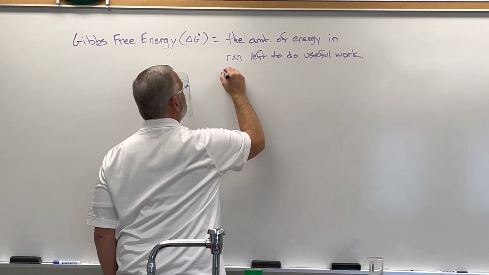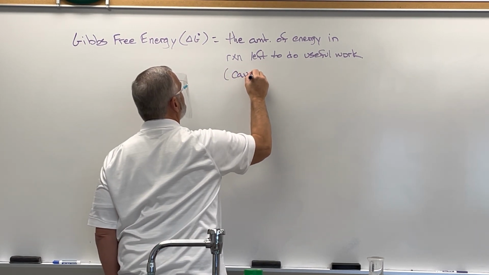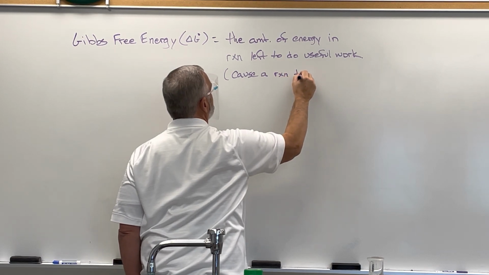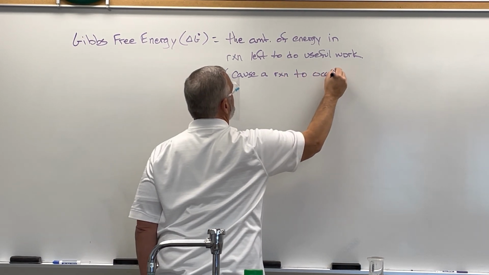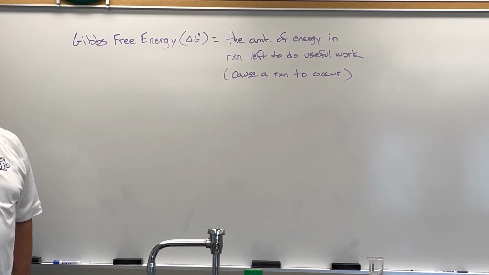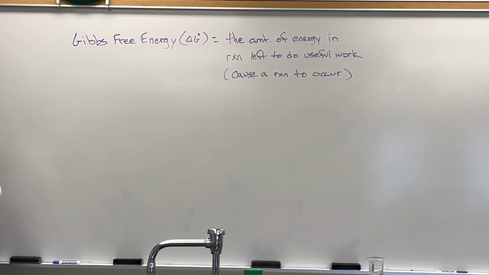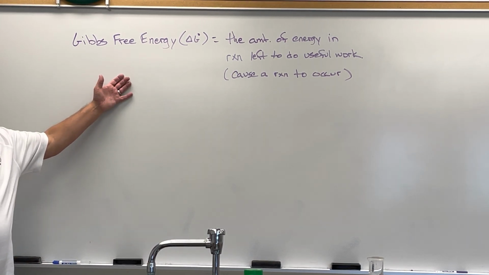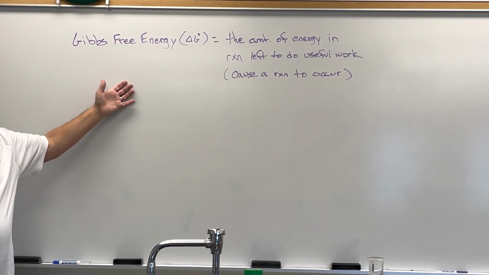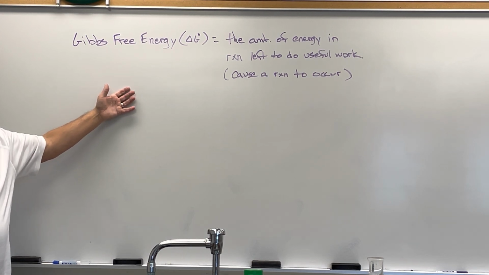And that simply means cause a reaction to occur. So the work that we're talking about here is making the reaction happen. Now delta G is the gatekeeper for all reactions. It determines whether the reaction is going to occur or not.